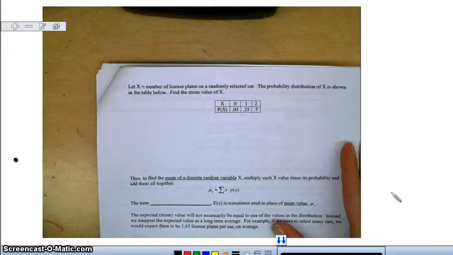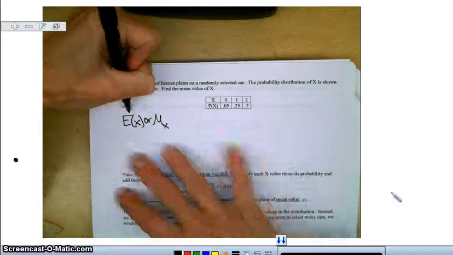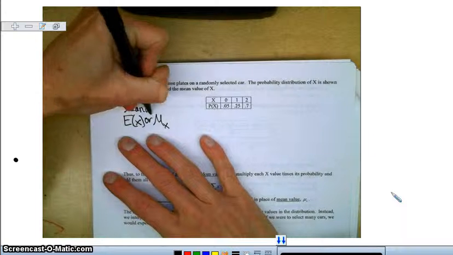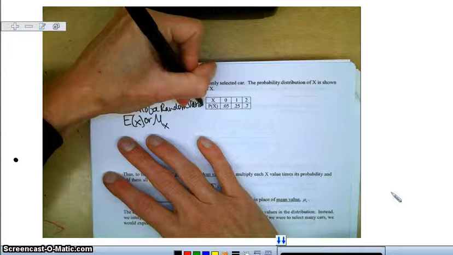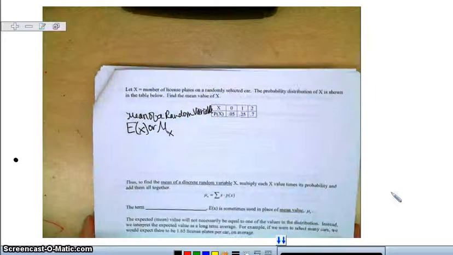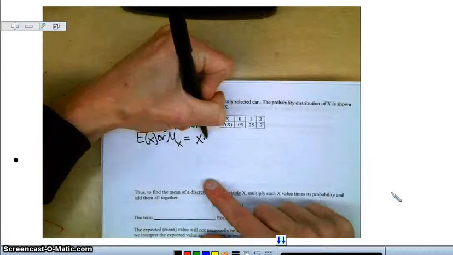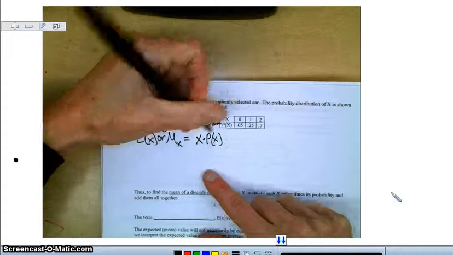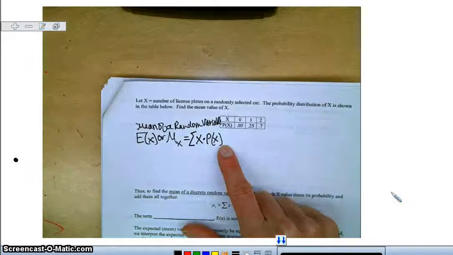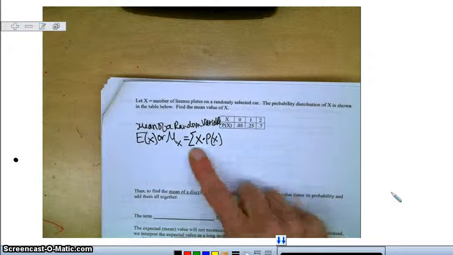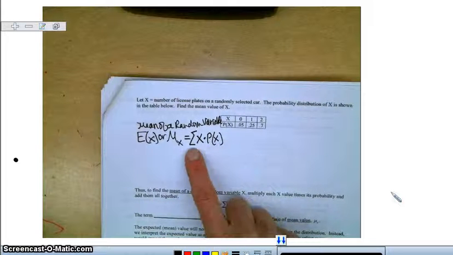In order to find the mean, E of x or mu of x, the mean of a random variable, we're going to take every x value times its probability, and we're going to add those up. So every x value times its probability and then add them up.